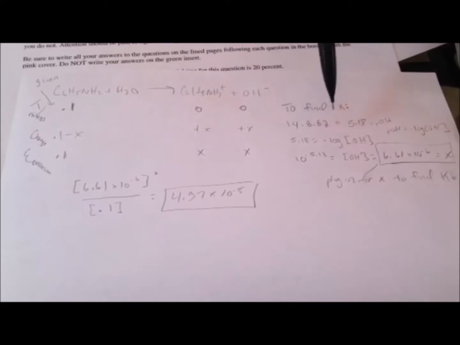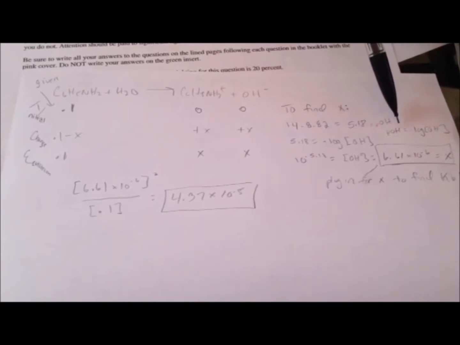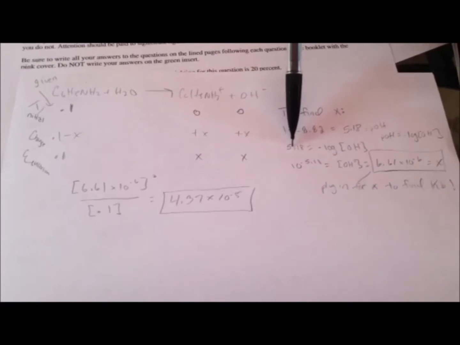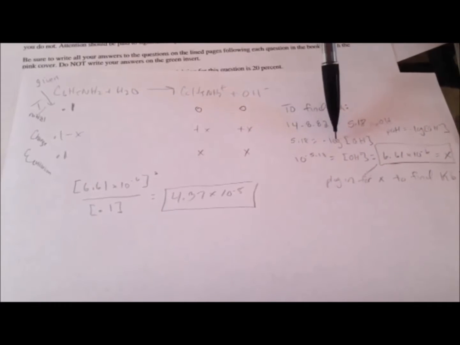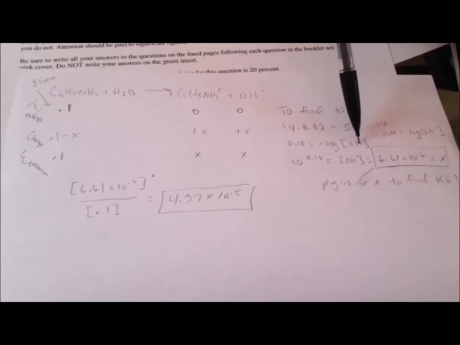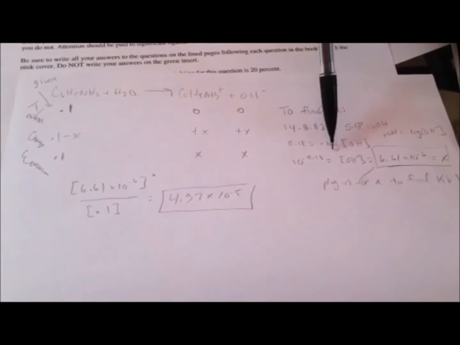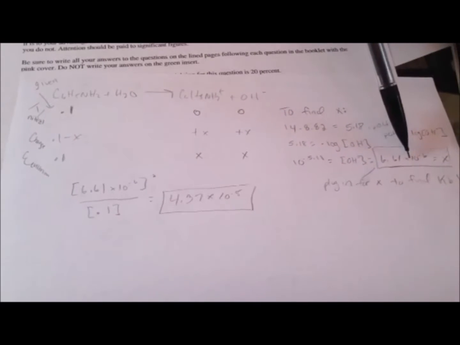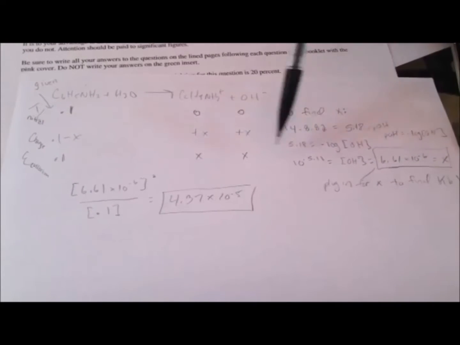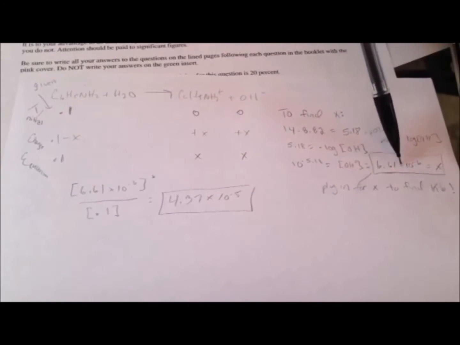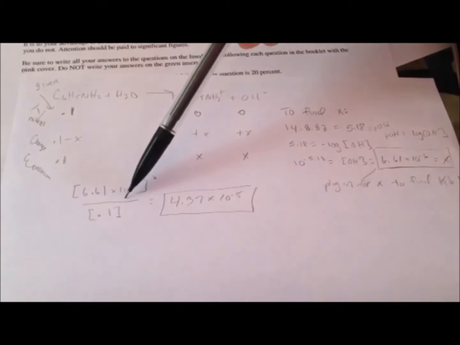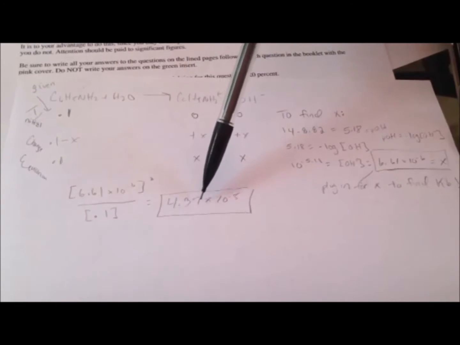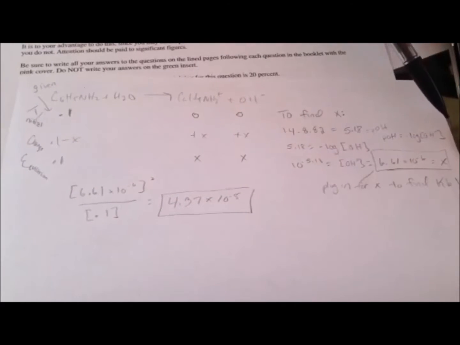In order to find x, we go back to that pH scale equation, and since we have the pOH, we can use pOH is equal to the negative log of the molarity of hydroxide. Get rid of the negative, raise it to the 10, and you get the molarity of hydroxide to be 6.61 times 10 to the negative 6. That is our x. So we plug that into our Kb expression, and we get our Kb to be 4.37 times 10 to the negative 5.